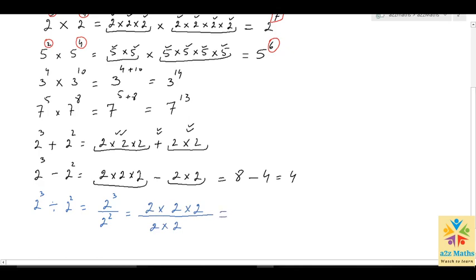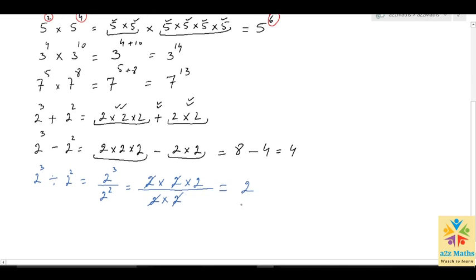If you cancel, one 2 is cancelled, the second 2 is cancelled, and I am left with only 2. I can't say anything about the rule yet. The second example is 3 power 10 divided by 3 power 4. Again I write this as a fraction: 3 power 10 over 3 power 4.